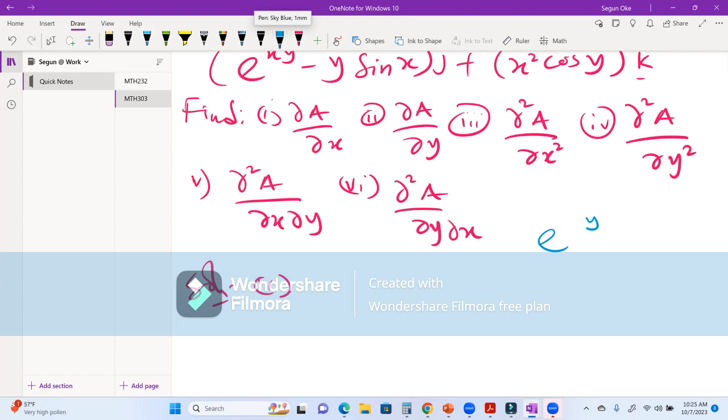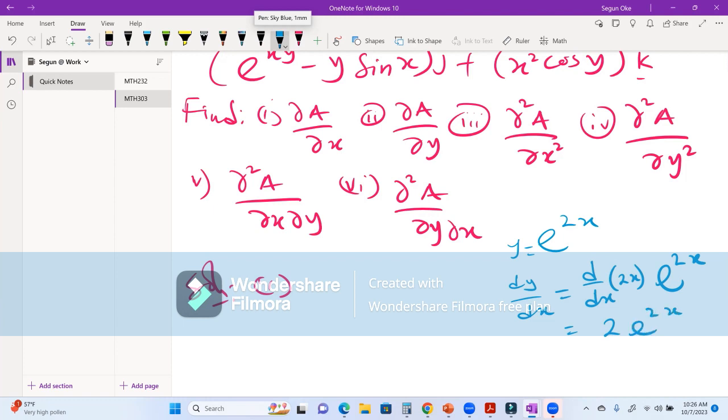Let's use this one first. 2x. What does it mean? If the x is equal to what? It simply means d dx of exponential 2x, which is the same thing as, if I differentiate the power first, I have 2 exponential 2x.